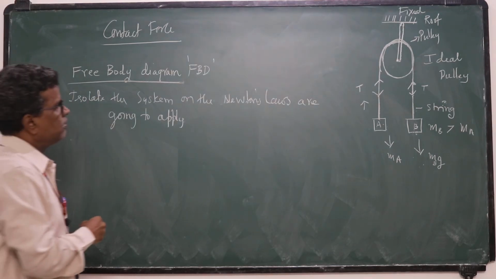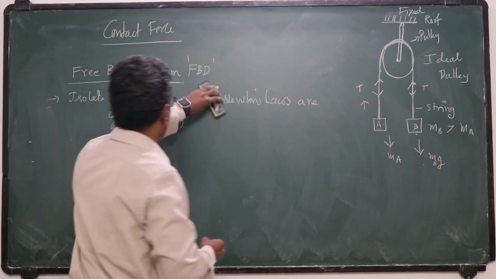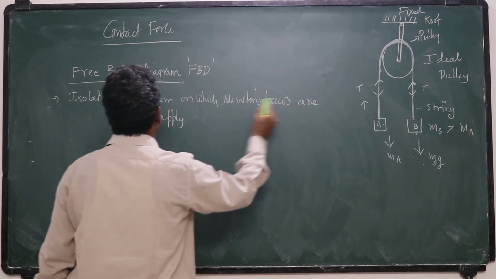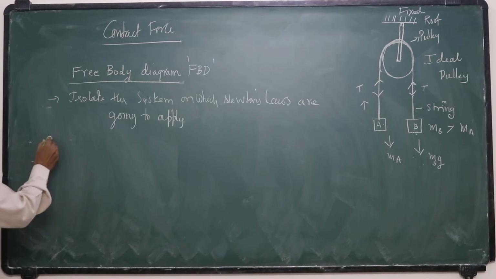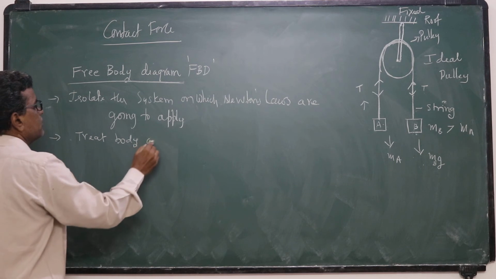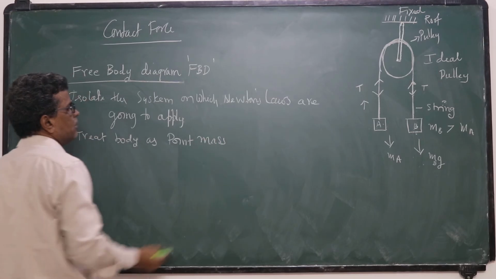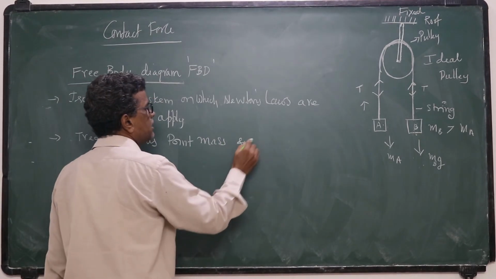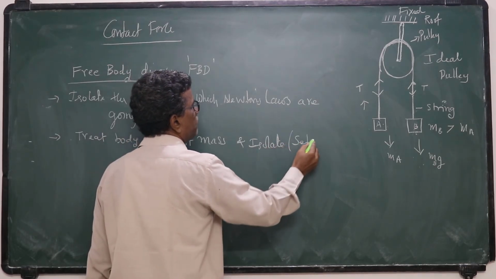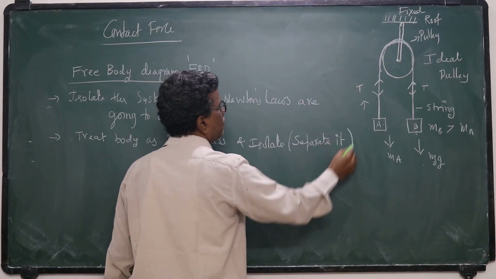Isolate the system on which Newton's laws are going to apply, and treat the body as a point mass. Isolate means separate it from the system.